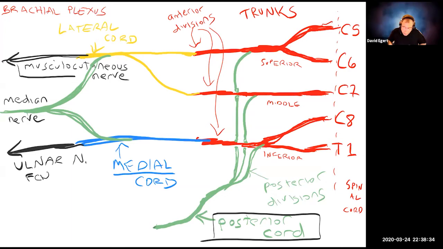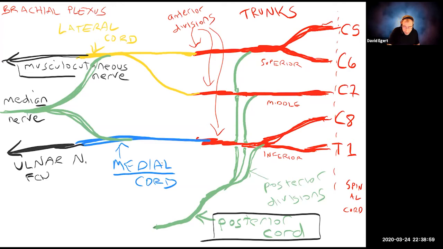I remember getting confused about this when I was first learning this. Median, you think of the median's the thing that goes down the middle. So medial cord is the cord towards the inside, medial. Lateral cord is the cord that's towards the outside, lateral. Median nerve is the nerve that's kind of going down, making the divider in between the two.